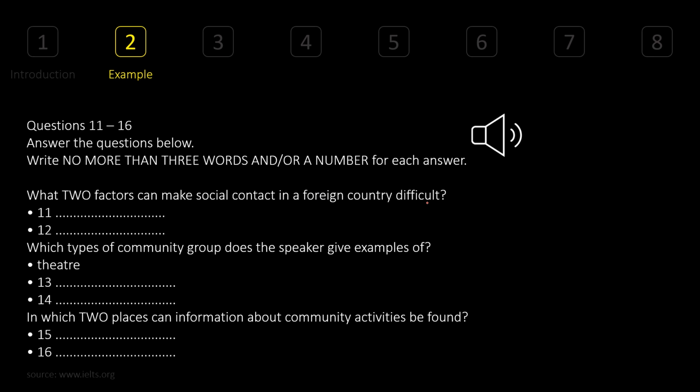If you're going to work in the UK, you will probably be living in private accommodation, so it won't be quite so easy to meet people. But there are still things that you can do to help yourself. First of all, you can get involved in activities in your local community. Join a group of some kind. For example, you'll probably find that there are theatre groups who might be looking for actors, set designers and so on.